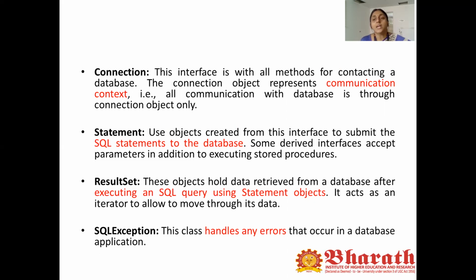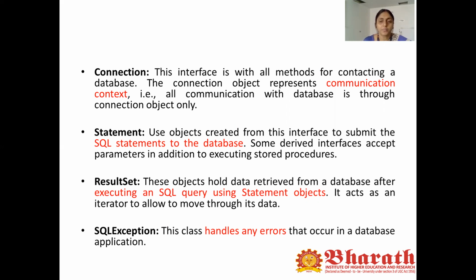And next is the result set. These objects hold the data retrieved from a database after executing an SQL query using the statement objects. Once the SQL query is submitted through the statement object to the database, the result set can retrieve the result, that is the output of the query, after execution.